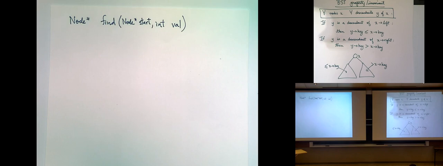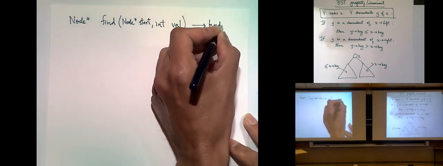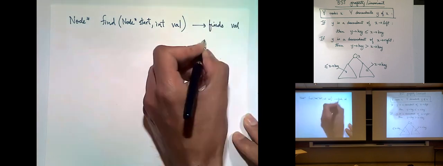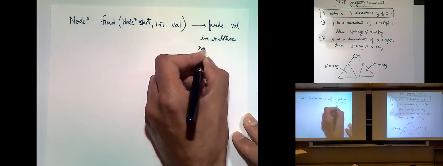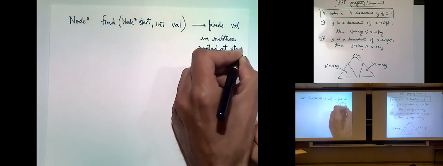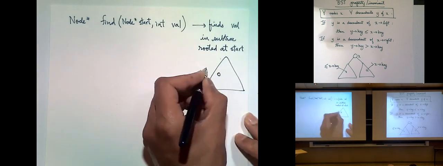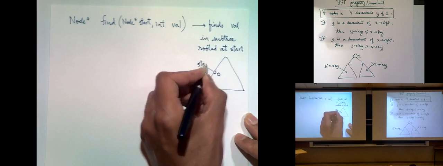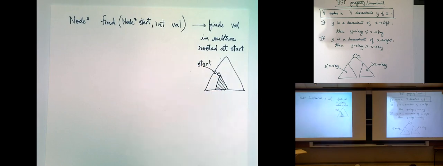So what this procedure does is it finds val in the subtree rooted at start. There's some binary search tree that is start, and the find only runs on the descendants of start.